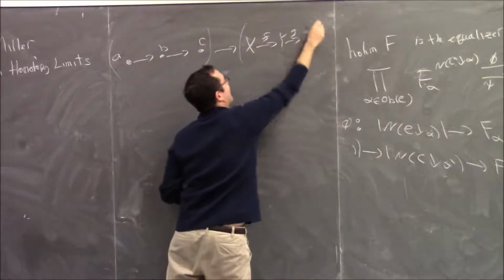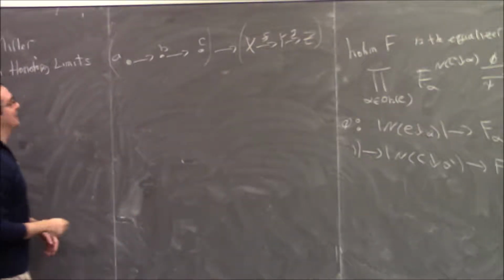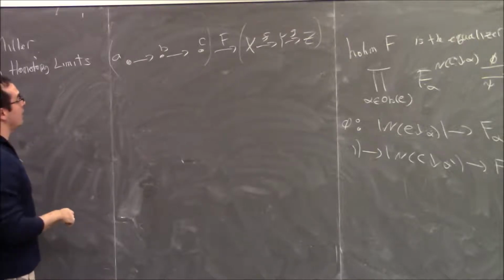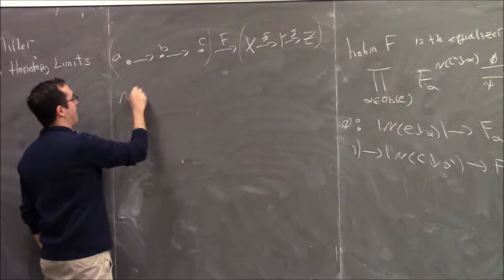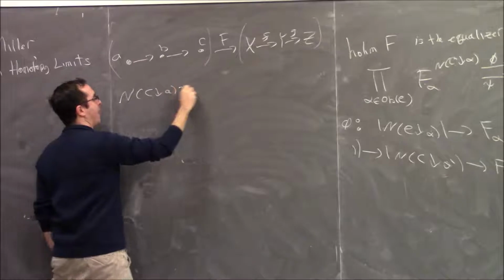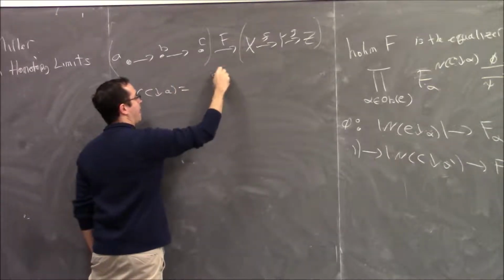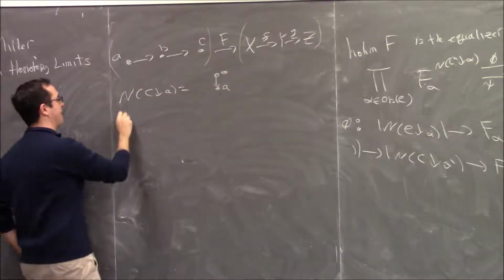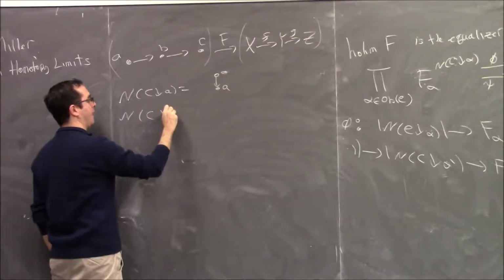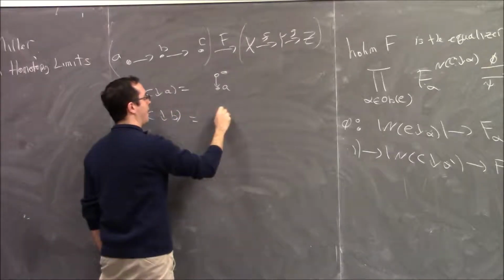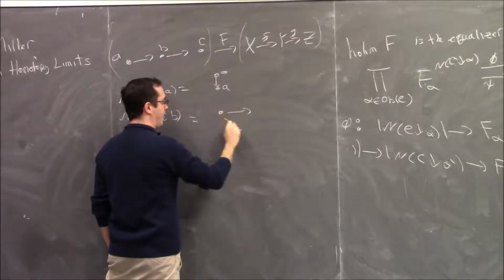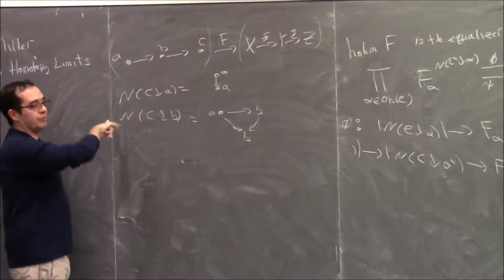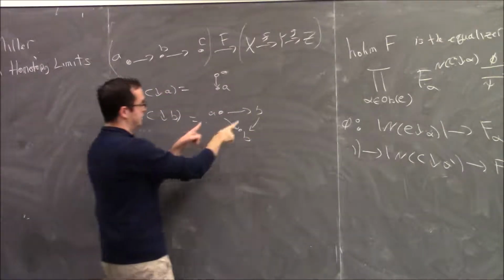We're calling that F. Okay. The nerve of the category over A is still 1 point. Over B, it's still an interval.